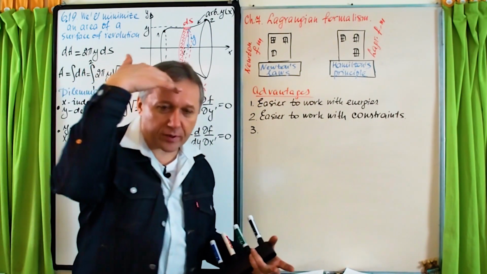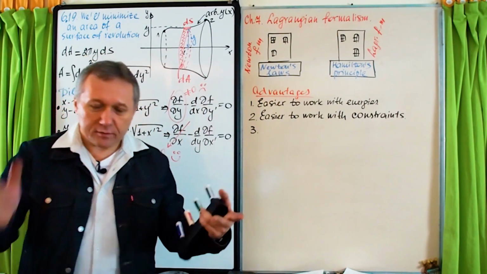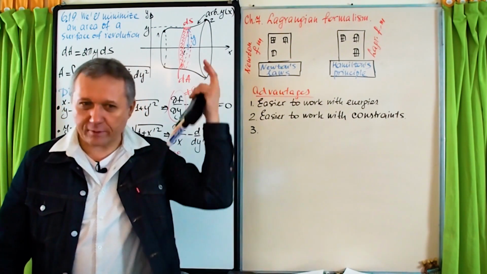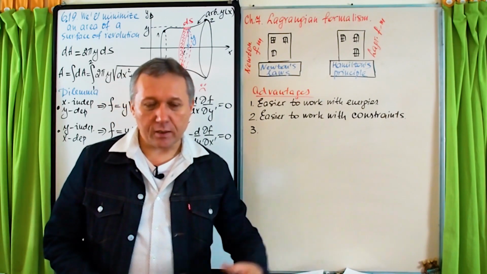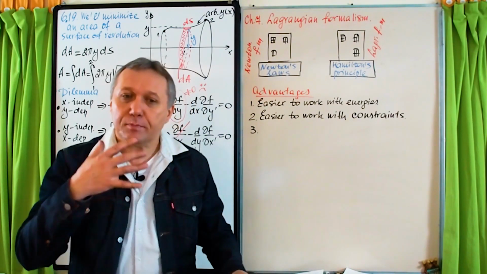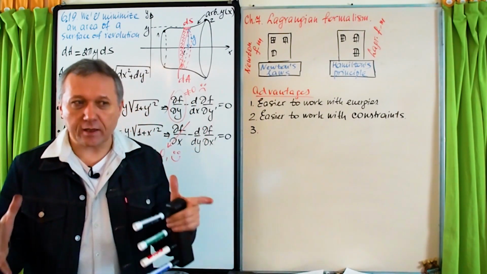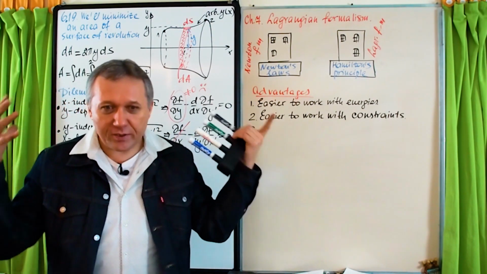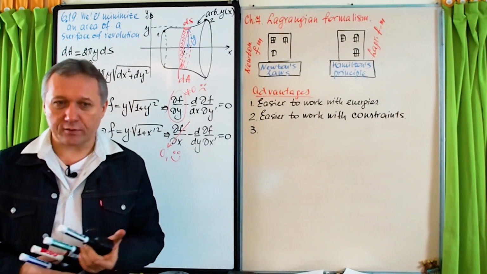If you go to some parabolic coordinates, just replace with those coordinates. If you go to hyperbolic or whatever coordinates you feel comfortable using for that particular problem, just replace. The shape of the Lagrange equation is going to be exactly the same. That's probably the biggest beauty or advantage of the Lagrangian formalism.